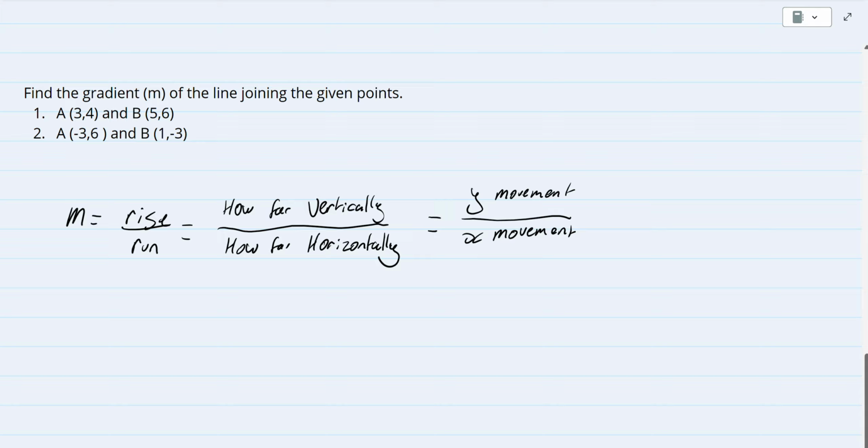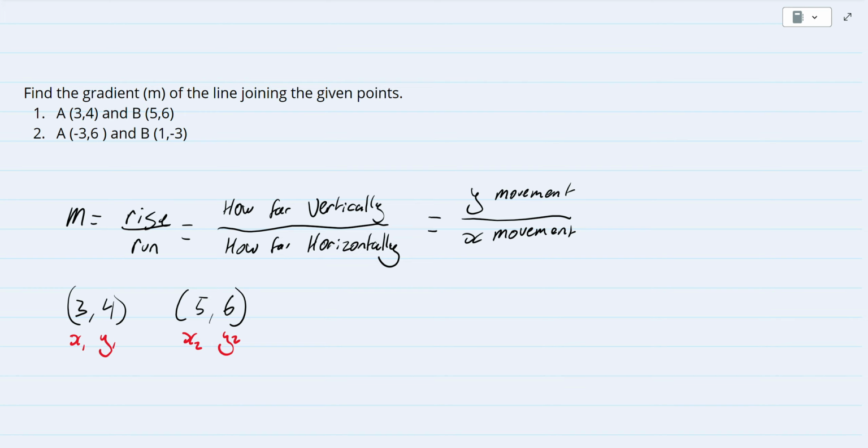And so in question 1, we have 2 sets of coordinates. We have 3 and 4, and we have 5 and 6. I'm going to call 3 and 4 our first set, so I'm going to call them x1 and y1. And 5 and 6 are our second set, so it'll be x2 and y2.